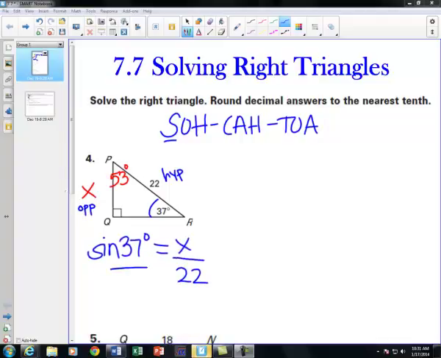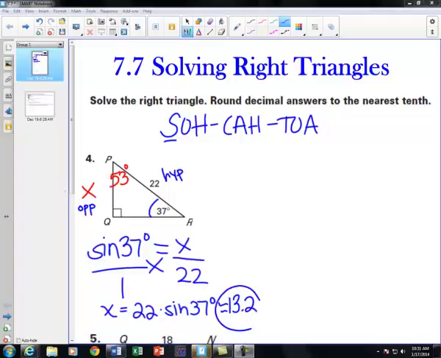And then, just like before, we put it over 1, we cross multiply. So x equals 22 times the sine of 37 degrees, and that comes out to approximately 13.2 units. Now, I'm going to go ahead and label that.